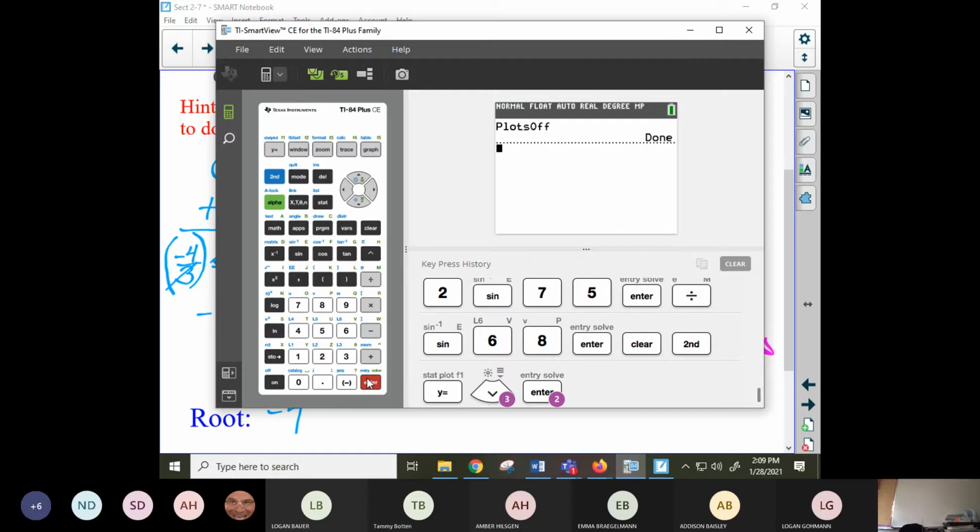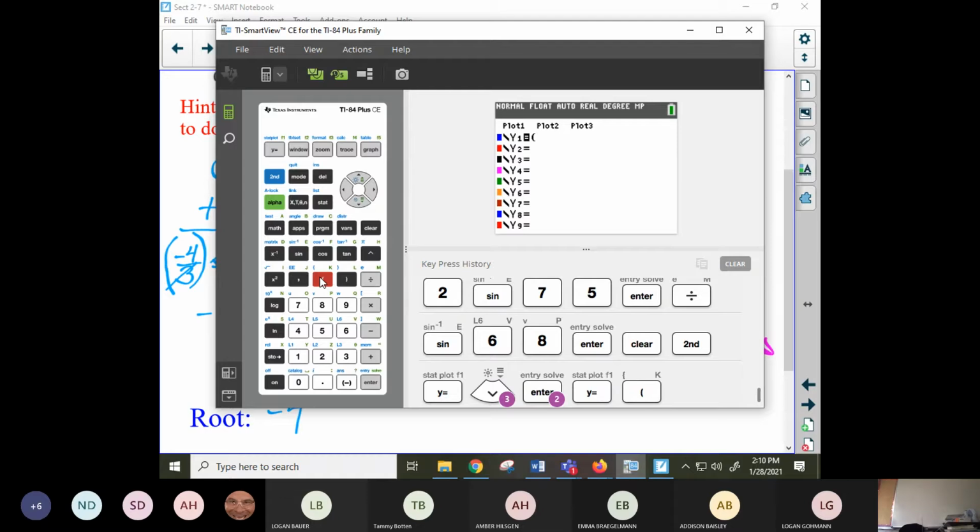Okay, so let's go to y equals. Make sure you don't have any equations in here at all. If you do, go to them and hit clear. Go to your y equals, and we're going to plug in that graph that we just graphed. And it's -3/4 x. Now, how I do that, I use my parentheses. Here's another place that kids get mixed up.